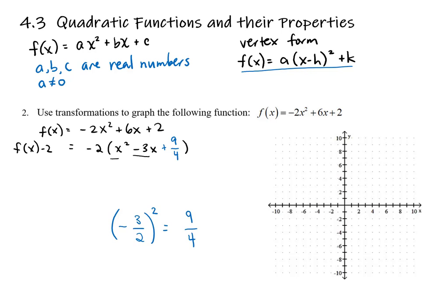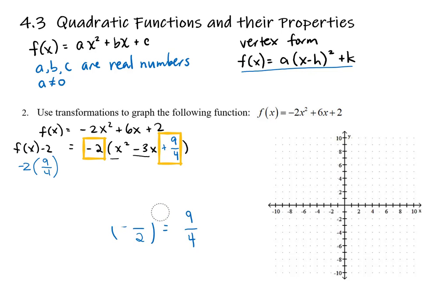Now, we have to be very careful about adding 9 over 4 because we can't change both sides of the equation. But notice that there's a coefficient here and then that 9 over 4. So we want to match that on the other side. So on the other side of the equation, I'm going to say minus 2 times 9 over 4. Let me just rewrite what I have here.